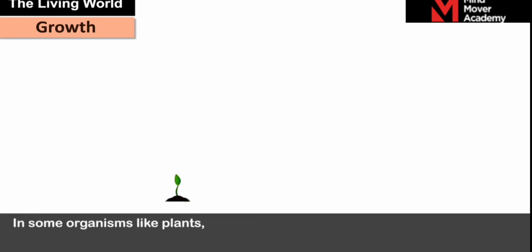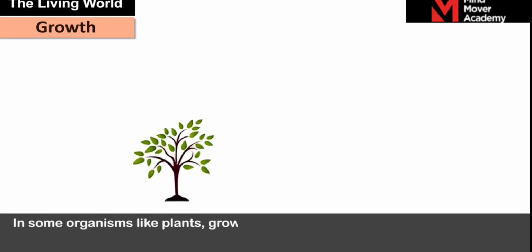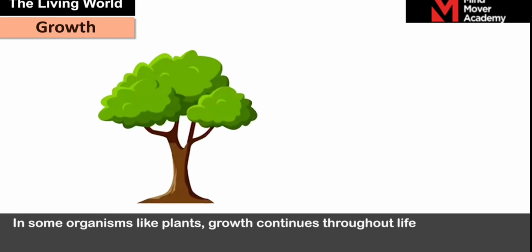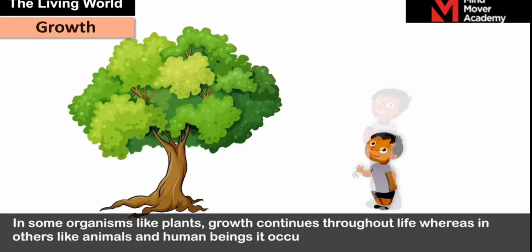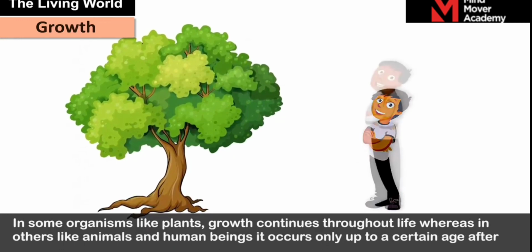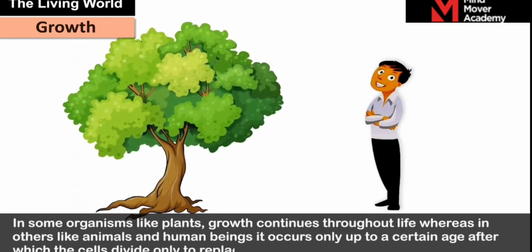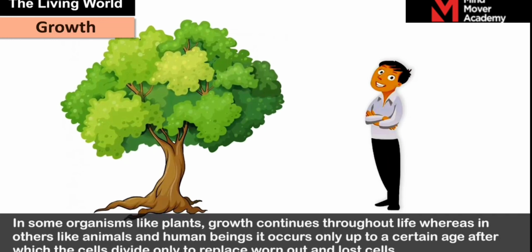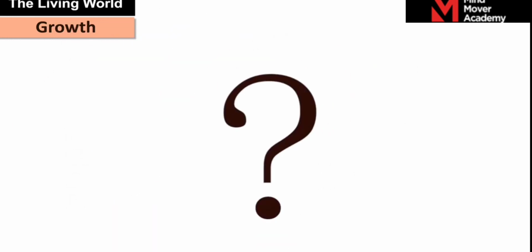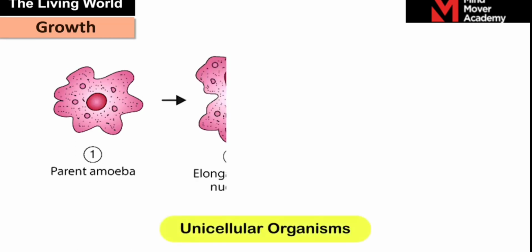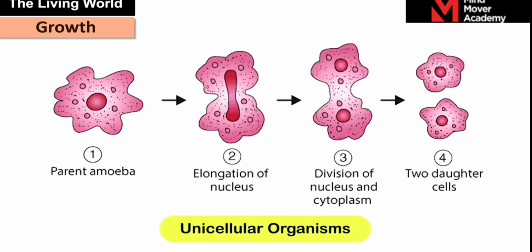Now in some of the organisms like plants, growth continues throughout their life, whereas in others like animals and human beings, it occurs only up to a certain age, after which the cells divide only to replace the worn out and lost cells. Now students, do you know that even the unicellular organisms also grow by cell division?